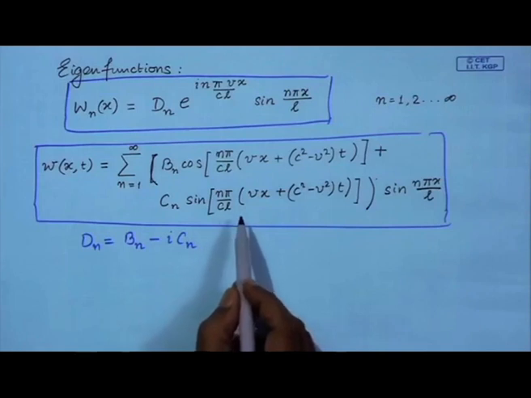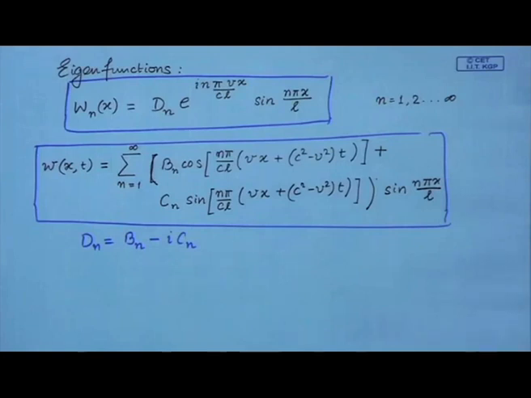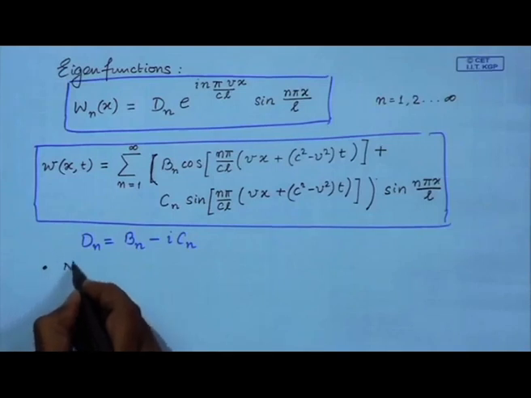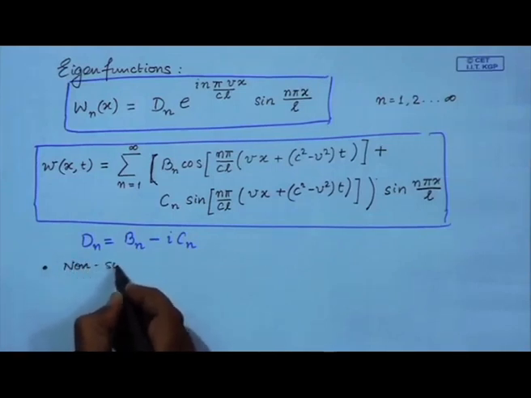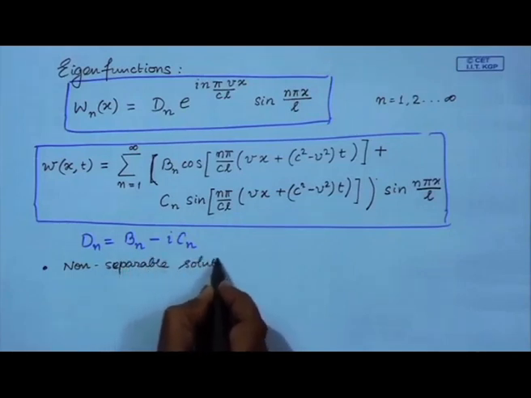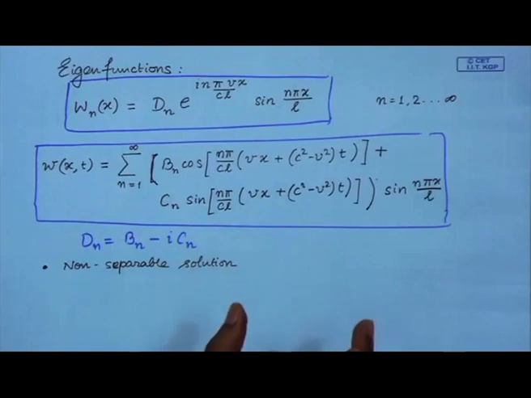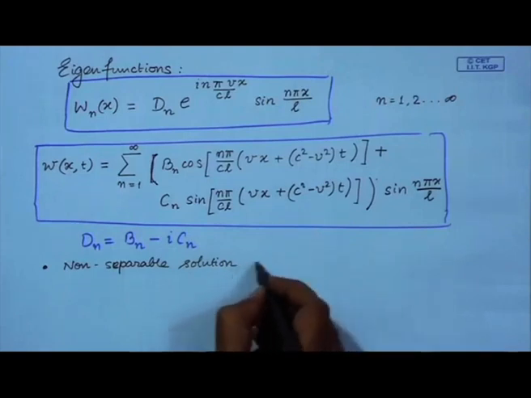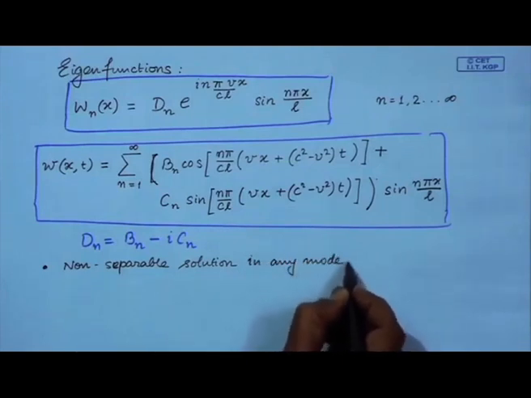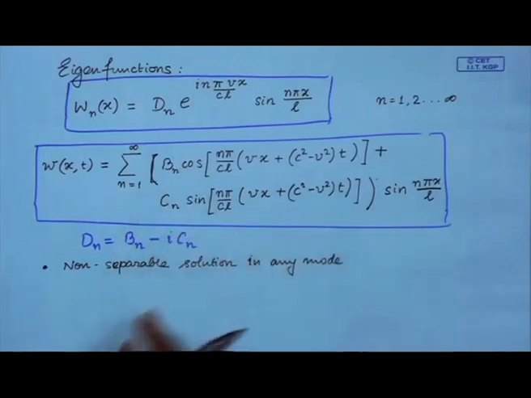Now, this immediately strikes us that this will make the orthogonality conditions a little difficult. So, we have a strictly non-separable solution. Even for a modal solution in a particular mode, in general these solutions are non-separable.